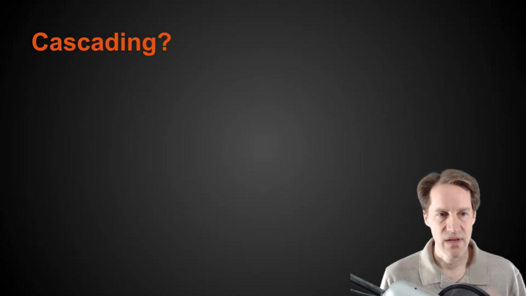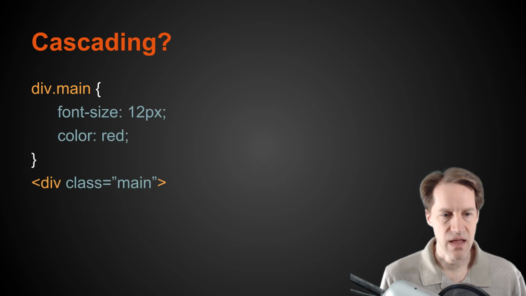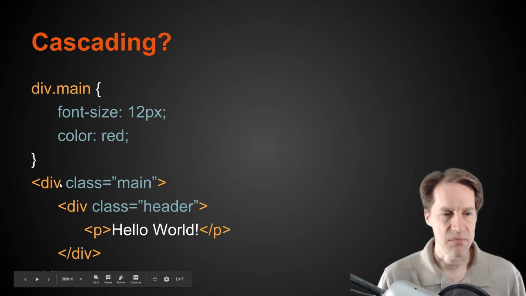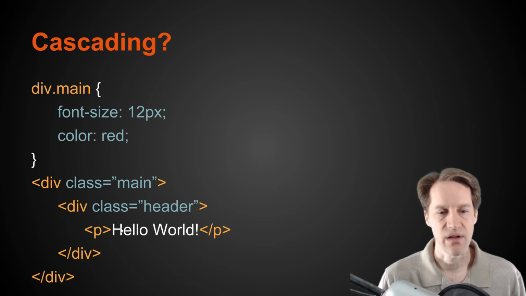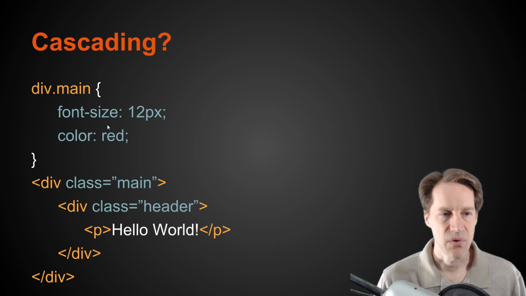Now, what do they mean by cascading? What that means is that a lot of HTML has a nested structure as shown here. Maybe you have a div with a class called main, and then another div inside of it called header, and then a p tag with hello world. If you look at normal standard HTML pages on the web, they're highly nested. What that means is that you can apply the style high up and it will cascade down to the lower levels.